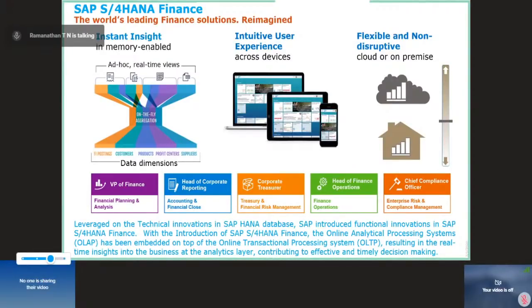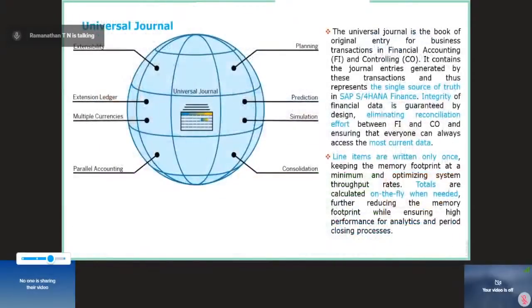Unlike those who have not moved on to ERP, they've suffered, right? So typically, okay, a quick overview in terms of the structure. When they re-engineered, what SAP looked at was the single source of truth. When we talk about a single source of truth, it is a single source of truth across statutory reporting, the same element of information drilled down for management information system reporting, at an entity level.